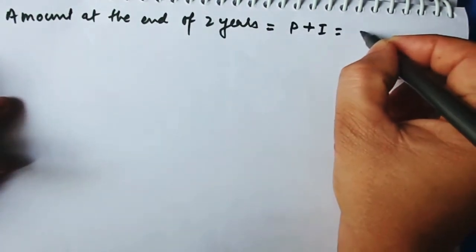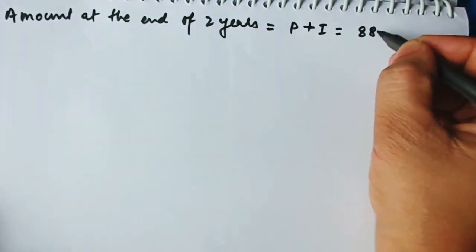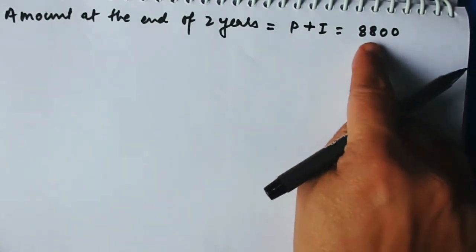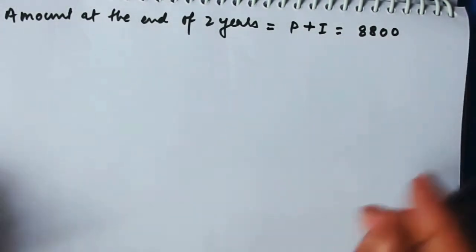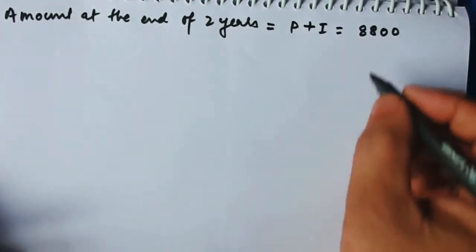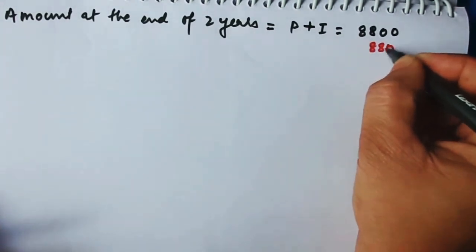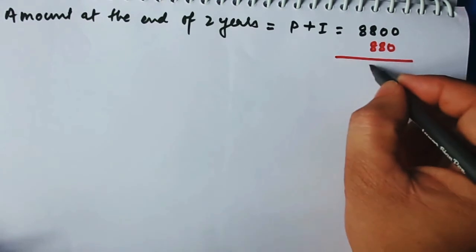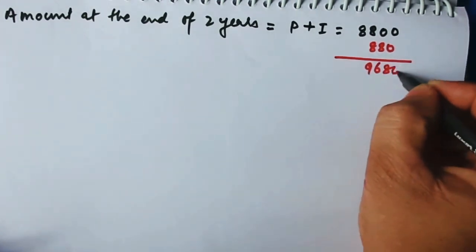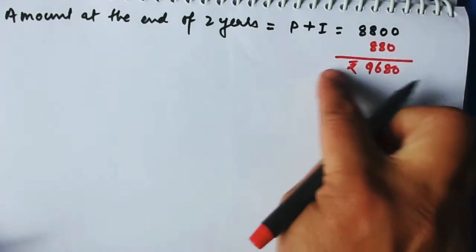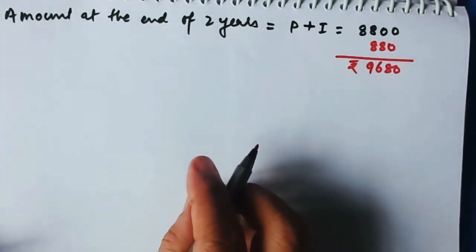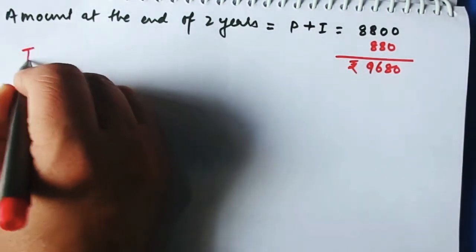Principal was your 8800 और आपने interest निकाला था 880, so how much will you get? Rupees 9680 is your final amount, ठीक है, final amount.